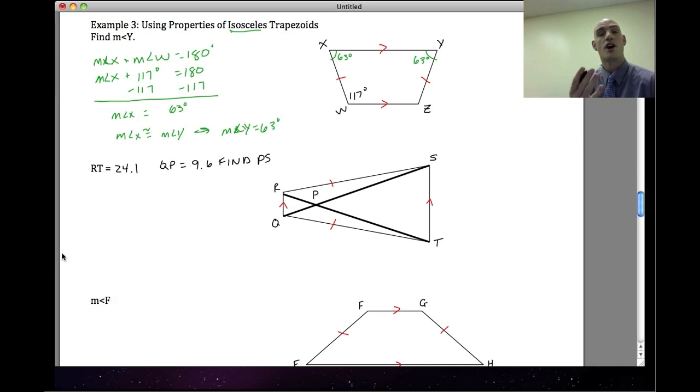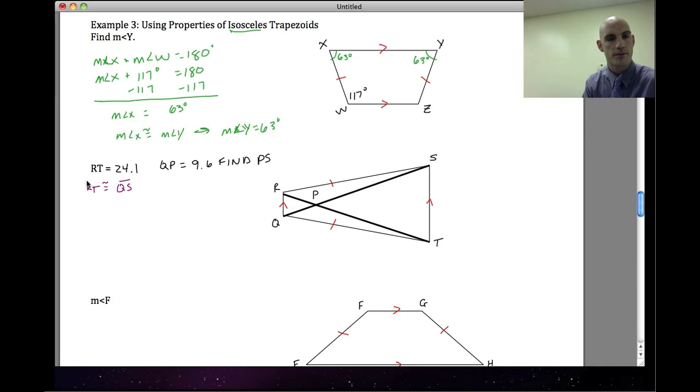So what I just wrote in was already given. You should write that down as stuff that's already there. Okay, so RT is going to be 24.1. So we know that RT is congruent to QS, right? Because QS and RT are the diagonals of an isosceles trapezoid.